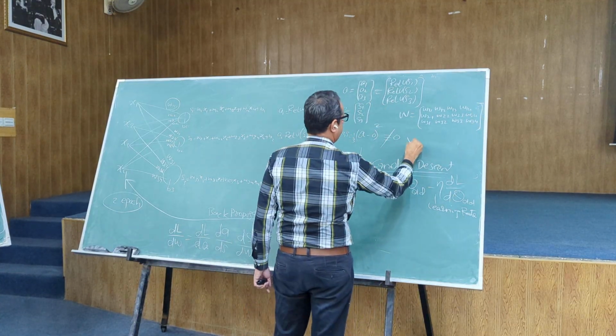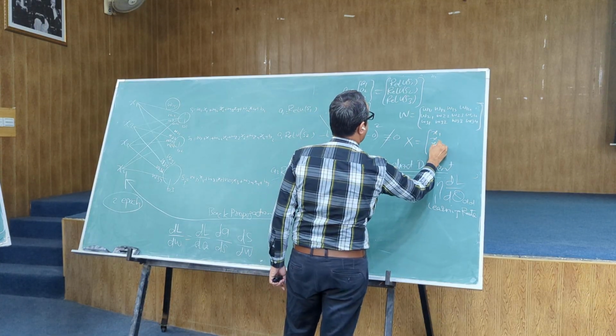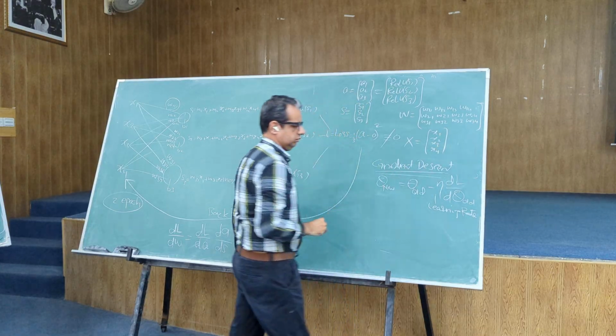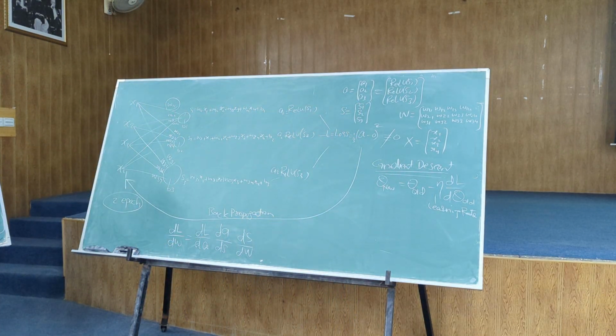And our input, if I say X, is just X1, X2, X3, and X4. This is what we have. So we can do it in a vector or a matrix form.